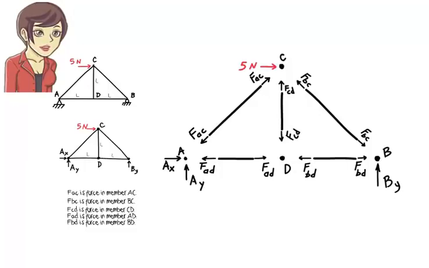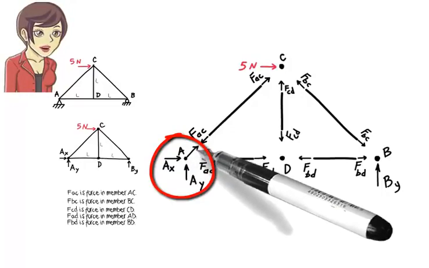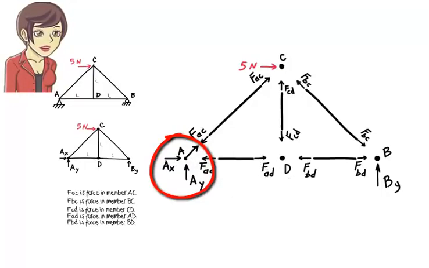Now, let's draw the free body diagram for the joint segments. Let's examine joint A first. It connects members AC and AD. Since member AC is attached to the joint, the axial force in the member also acts on the joint. We show this by placing FAC on the joint. Note that the direction of FAC at the joint is opposite to the direction of the same force shown on the member.